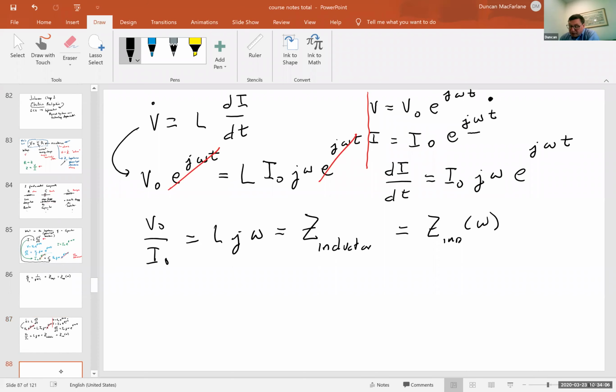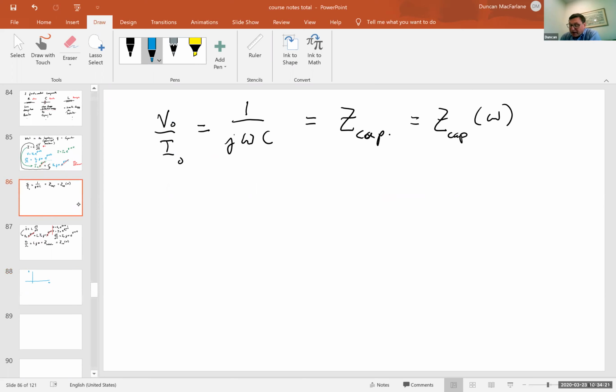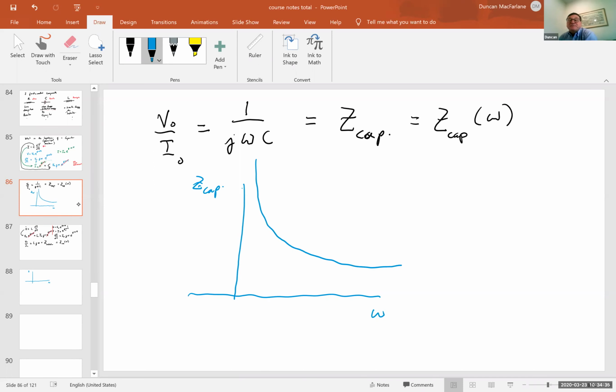And so if I just plot those for the capacitor, actually, let me go back to here and plot it. I have a curve that looks like that.